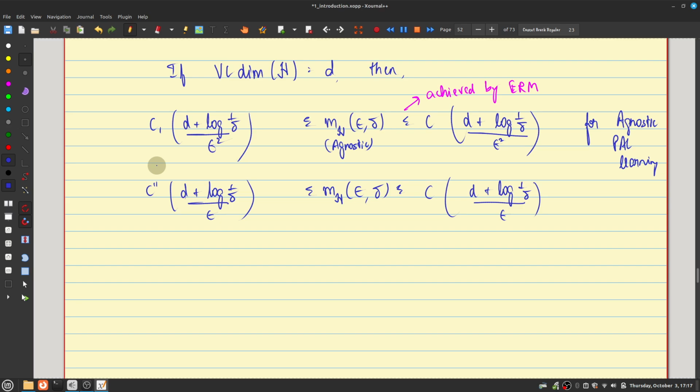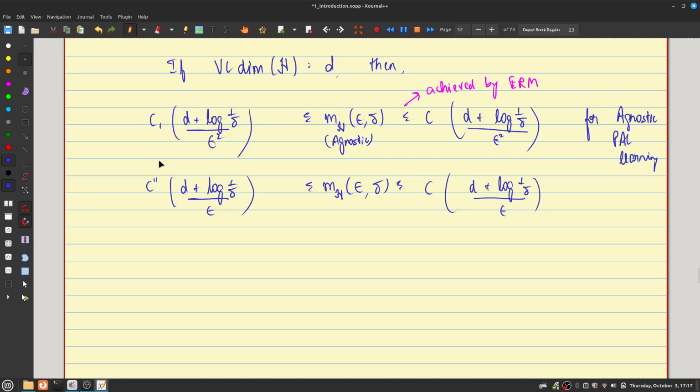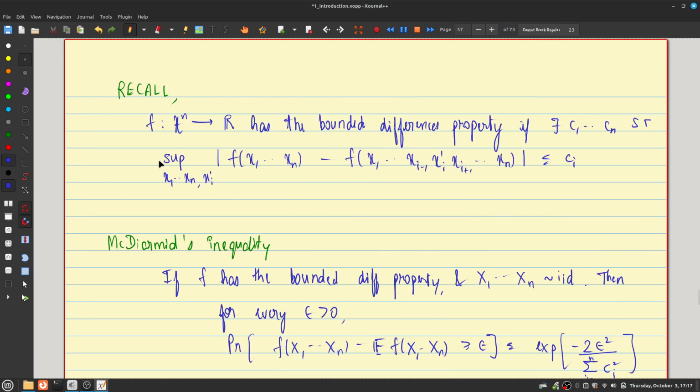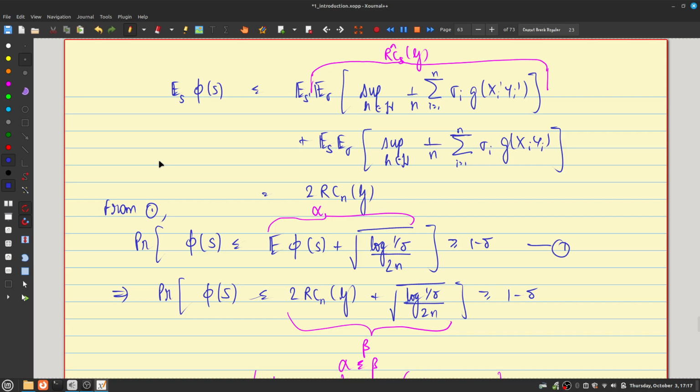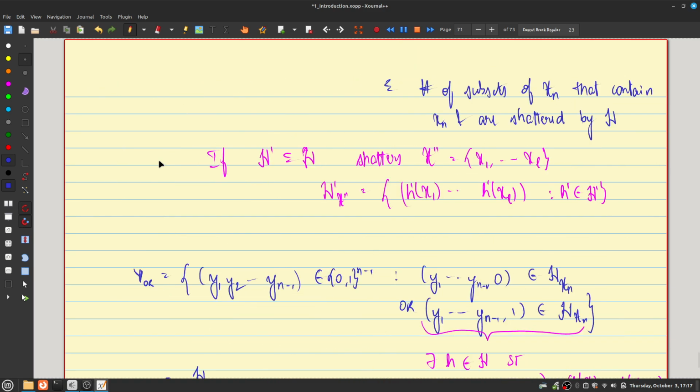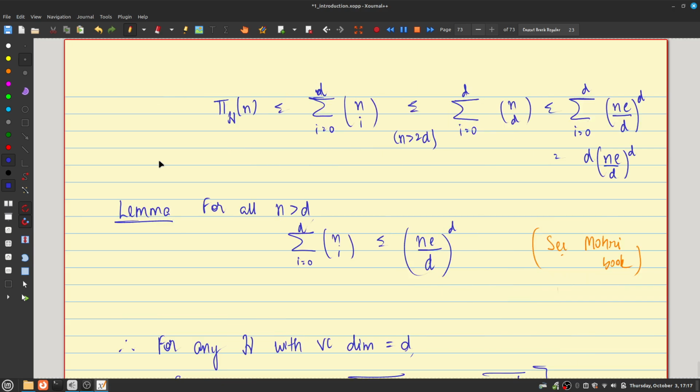Any questions? Okay. So far what we've seen is that suppose someone gives you a hypothesis class, then you can say whether that hypothesis class is PAC learnable or not, because you can find the VC dimension. If the VC dimension is finite, then it tells you that it is PAC learnable, but it also gives you a bound on how many samples you need in order to effectively learn it.